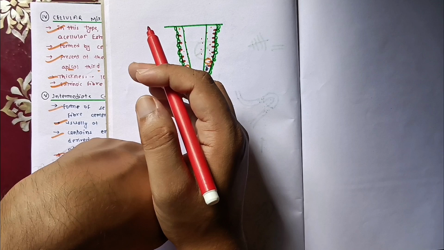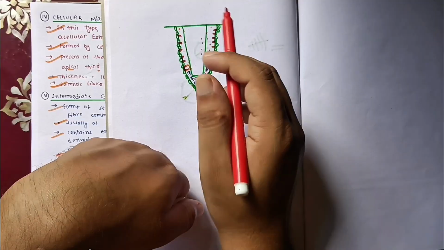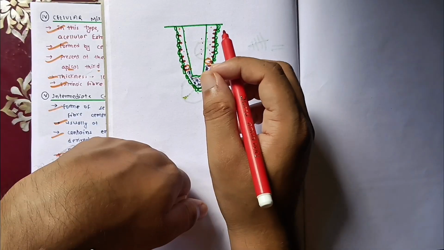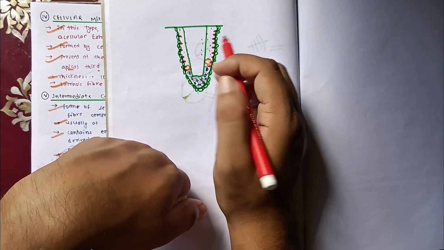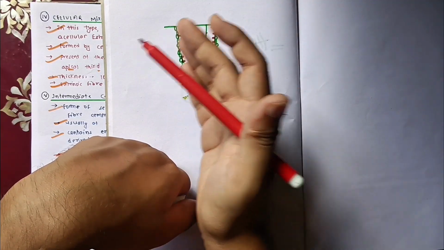Most of the observers say that this is a layer of the dentin itself, but some say no, it is not dentin, it is just a cementum, a kind of intermediate cementum separating the dentin and the cementum.